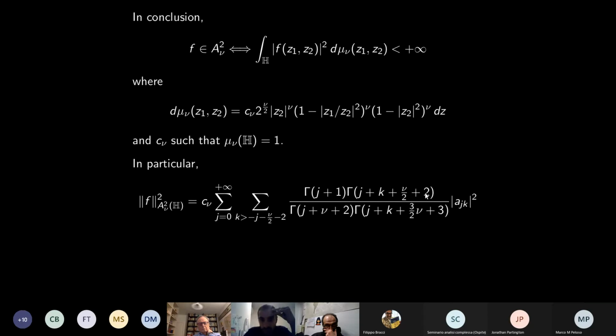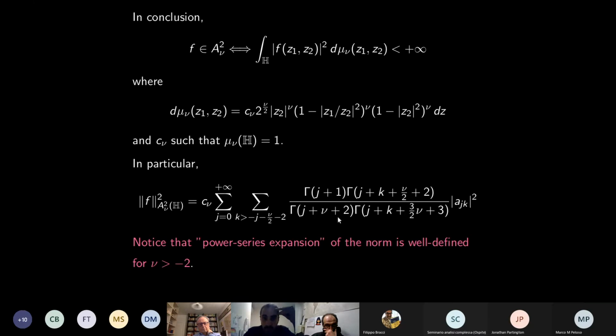I want to point out that this power series expansion is well defined when the parameter nu is greater than -2. For instance, here we have gamma of j plus nu plus 2, and j starts from 0. So we can consider nu greater than -2.